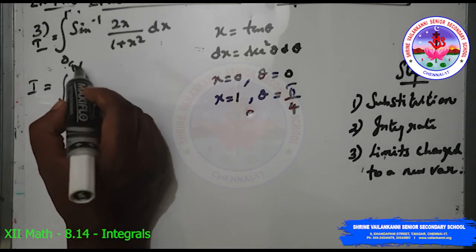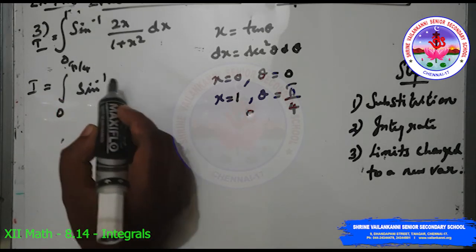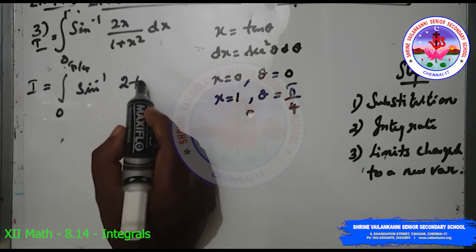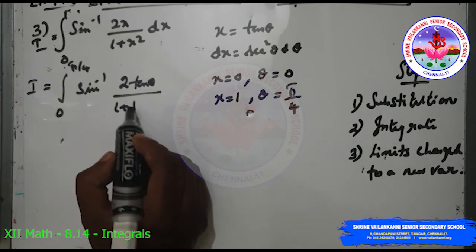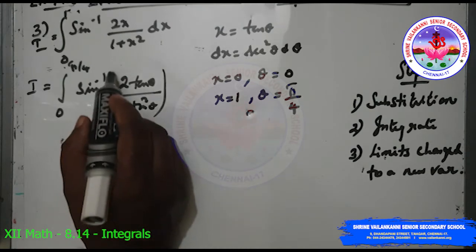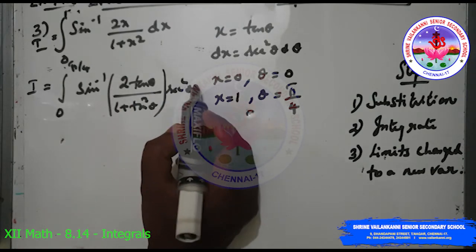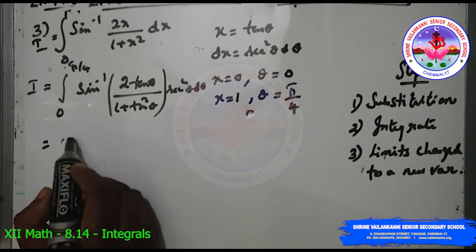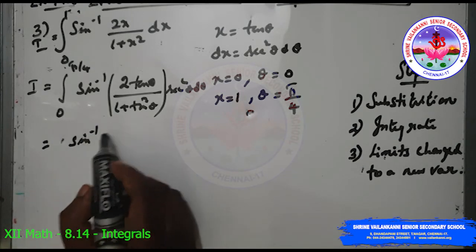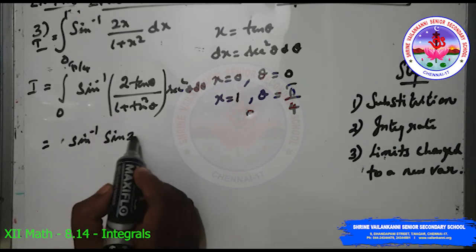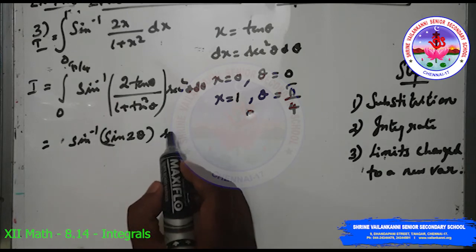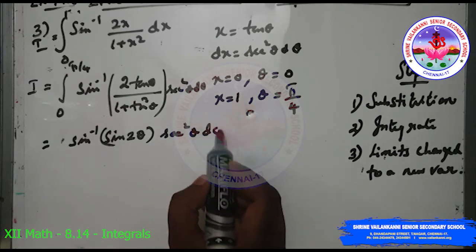So 0 to pi by 4, sine inverse of 2 tan theta by 1 plus tan square theta, and dx is secant square theta d theta. Which is equal to sine inverse of sine 2 theta into secant square theta d theta.